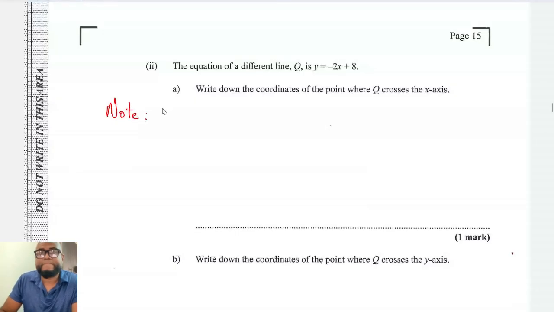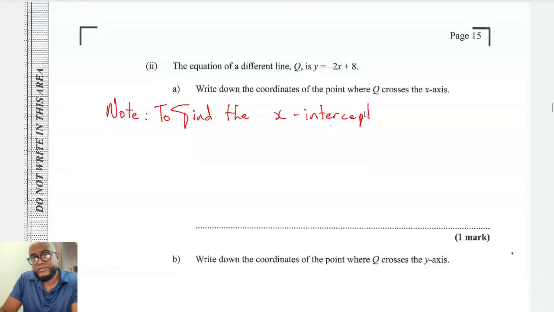Note. Right? To find the x-intercept, it is simply where the line cuts the x-axis, right?